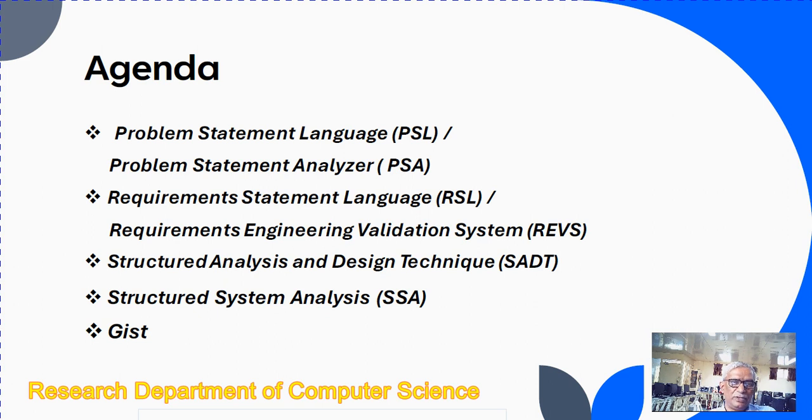Second one is RSL and the corresponding REVS, Requirements Engineering Validation System. Third one is SADT, Structured Analysis and Design Technique. It is also called SA, Structured Analysis. And fourth one, Structured System Analysis, SSA.